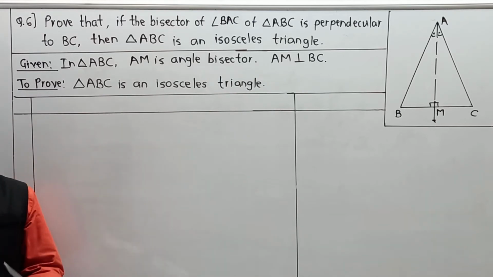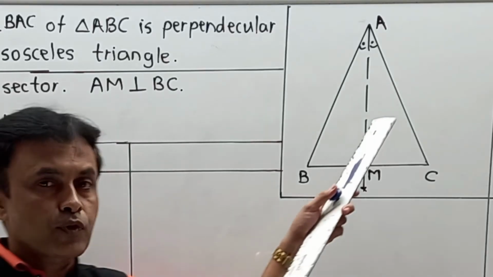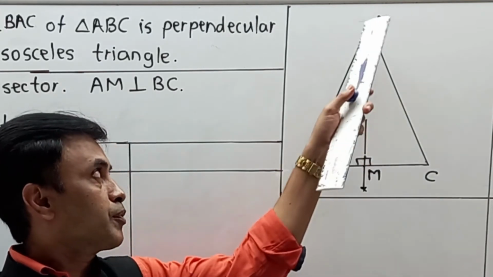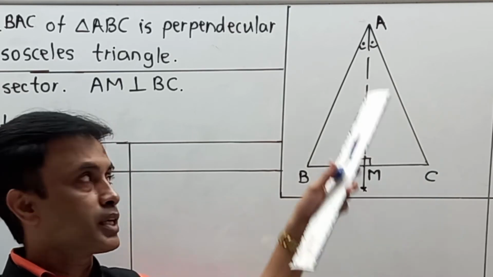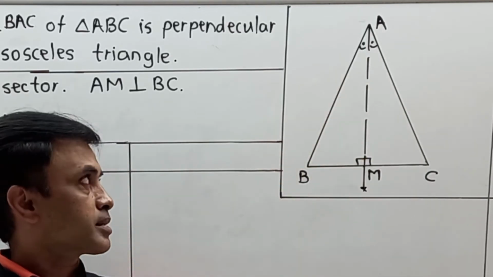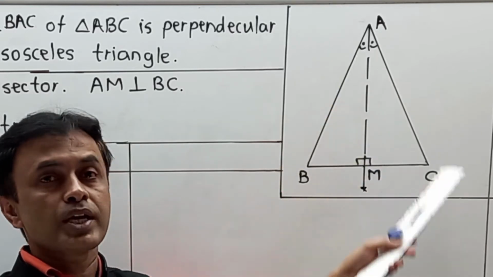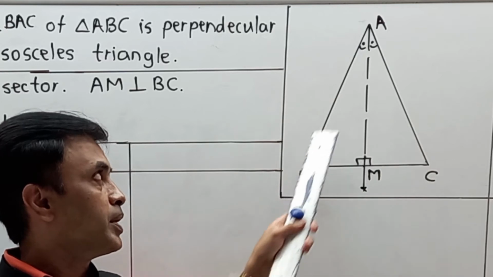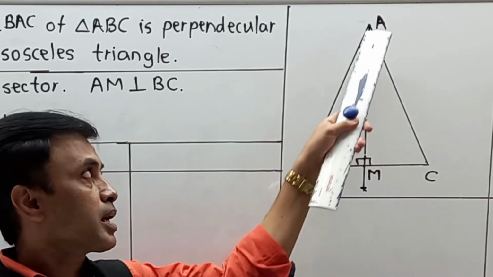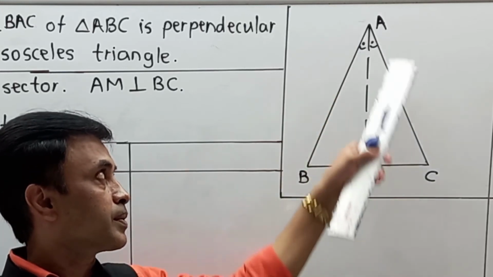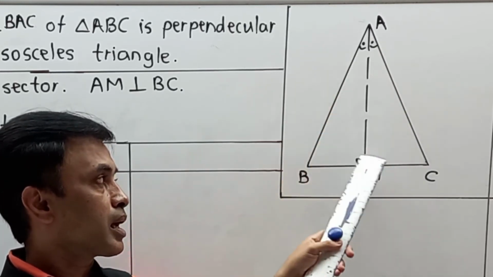Now how are we going to write the proof? Please pay attention. From the diagram I am going to explain how we write a proof. If we want to show that AB equals AC, we have two triangles: one is triangle AMB, and the second is triangle AMC.